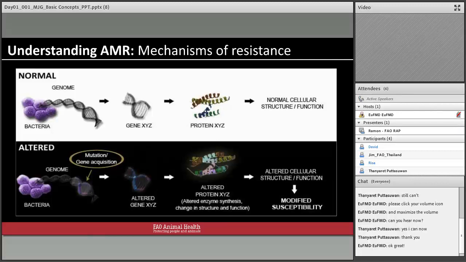When you say modified susceptibility, this is how they change, restricting the entry of antibiotics in their cell wall, or how they now have efflux pumps, because some bacteria gain the genes for efflux pumps. Some bacteria gain the ability to produce enzymes because they gain the genes from other bacteria to produce proteins that break down antibiotics. Or some bacteria gain the genes that will modify the targets of the antibiotic.